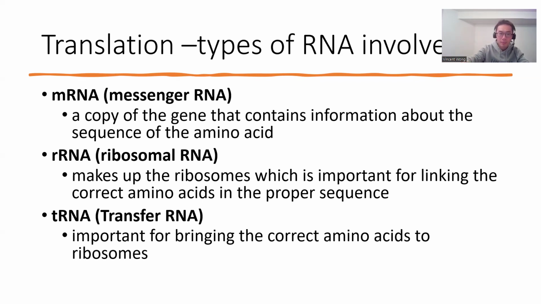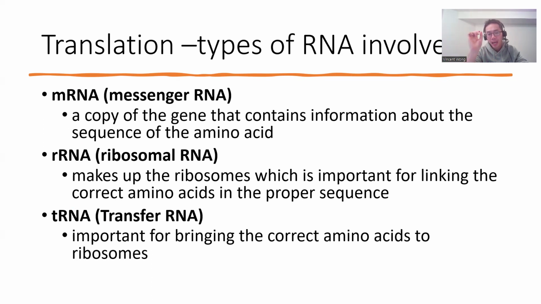So the mRNA is like the recipe. The rRNA is like the chef that's cooking the recipe. And then we need something to bring the ingredients along, right? To bring the appropriate ingredients to the ribosome. And that will be the job of the transfer RNA, tRNA. Right? It's going to be bringing over the amino acid that corresponds to the codon.